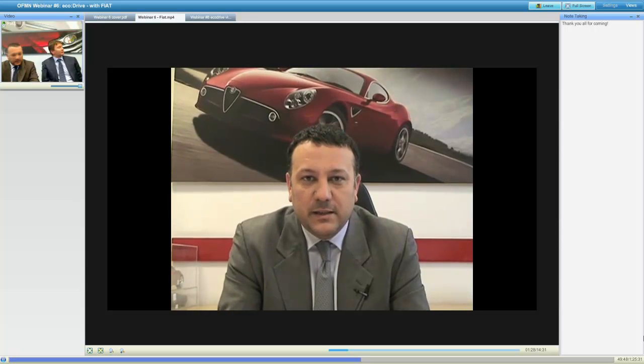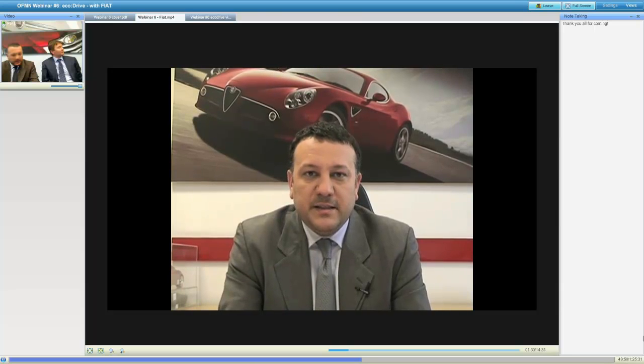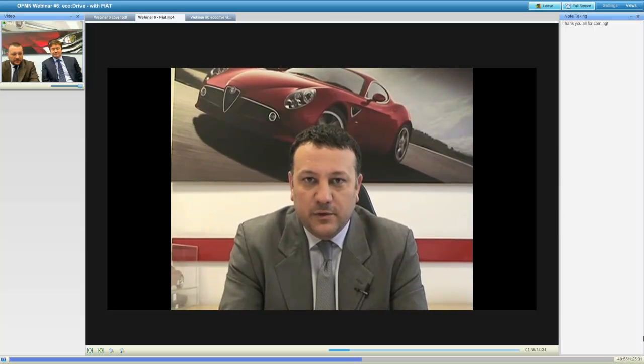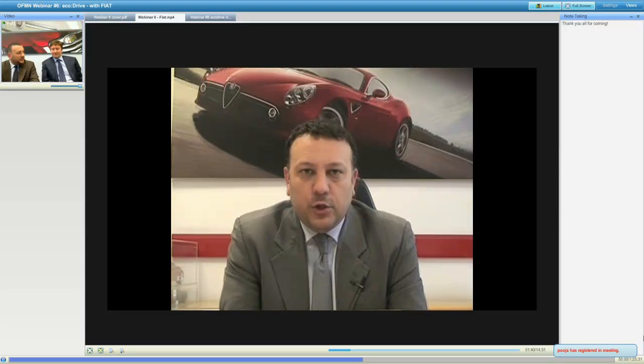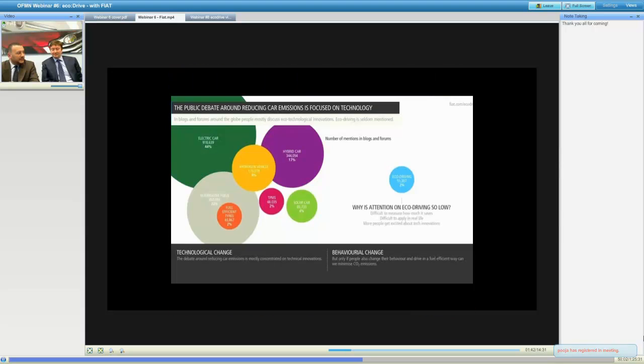Fiat, as a result of this unique tool, has done this study called White Paper on EcoDrive that shows the results of all eco-drivers. Usually the debate around reducing car emissions is all about technology: electric vehicles, hybrid vehicles, fuel efficient cars, and all the stakeholders usually concentrate on the technology.